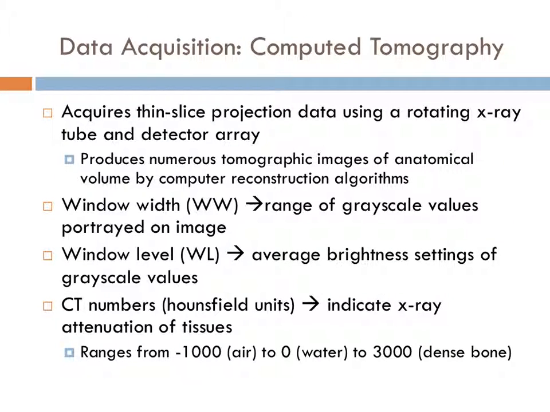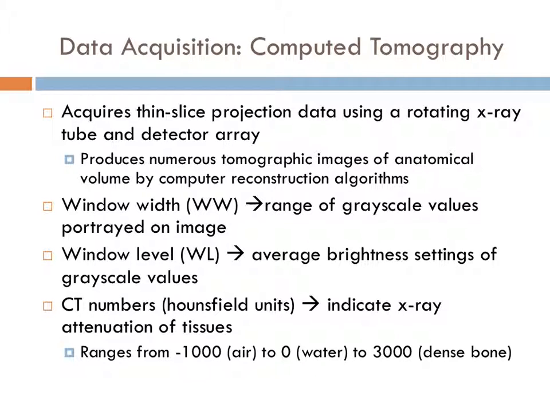With CT data acquisition, the machine actually acquires thin slice projection data using a rotating X-ray tube and detector array, which we've already discussed. It produces numerous tomographic images of anatomical volume by computer reconstruction algorithms.